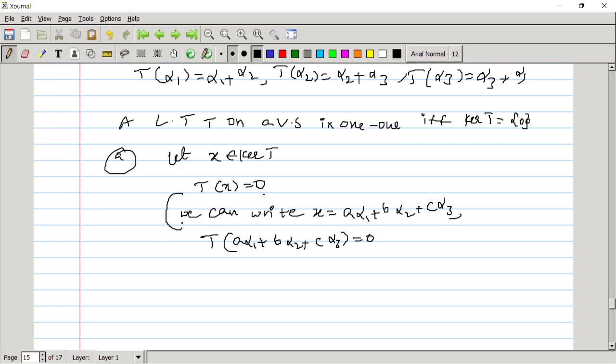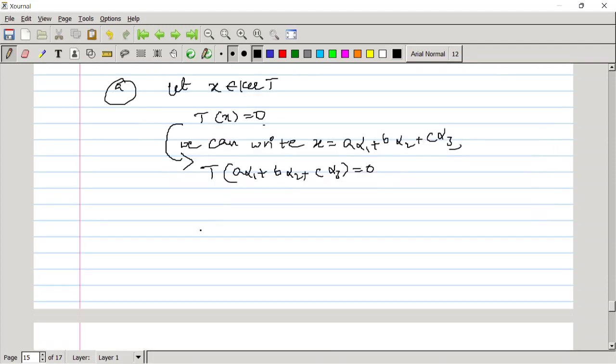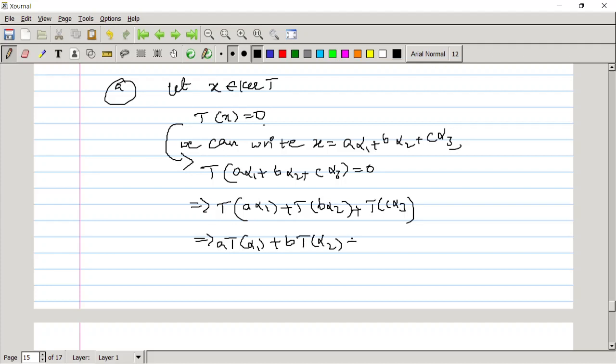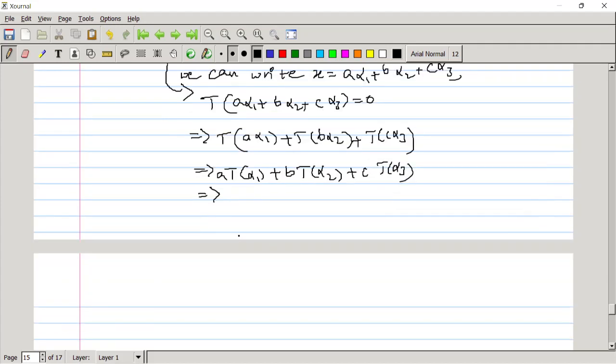Because T is a linear transformation, this equals T of a alpha 1 plus T of b alpha 2 plus T of c alpha 3, that is a times T of alpha 1 plus b times T of alpha 2 plus c times T of alpha 3. These steps come from the definition of linear transformation. If you studied the definition of linear transformation, you could understand this easily. These are equal to 0.